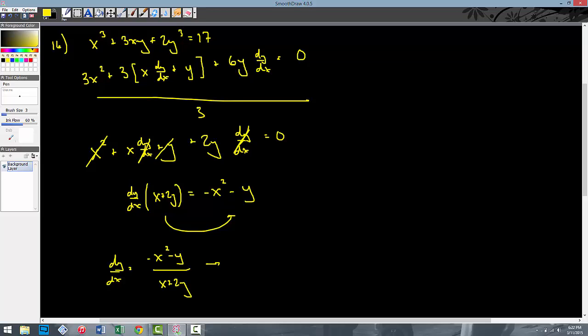What they have is negative in the middle, x squared plus y over x plus 2y. Now, if you just distribute the negative in, you'll get back to where we were. That answer just so happens to be A. Wow, that one actually took quite a bit of space. So, let's keep moving.